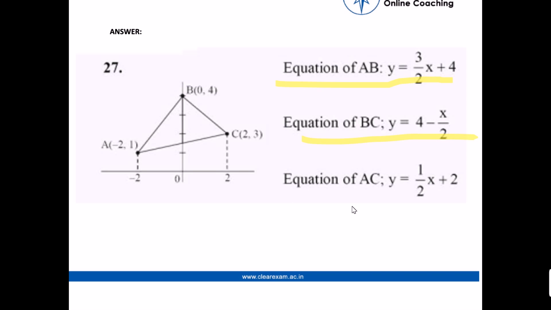So these are the equations. Plotting them, we get this triangle, this line, and this line, and this is the area bounded by the triangle. So we have to find this area. Let's continue.